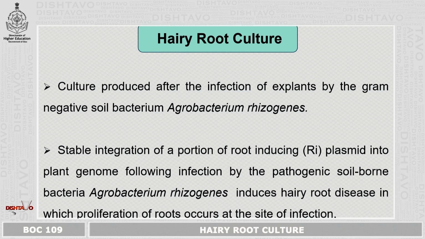It's a gram-negative, rod-shaped bacterium, mostly found in the soil. Once this bacterium infects the plants, there is a stable integration of the RI plasmid of Agrobacterium rhizogenes in the plant genome.